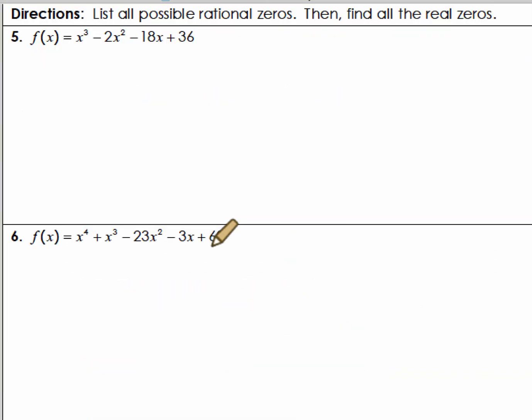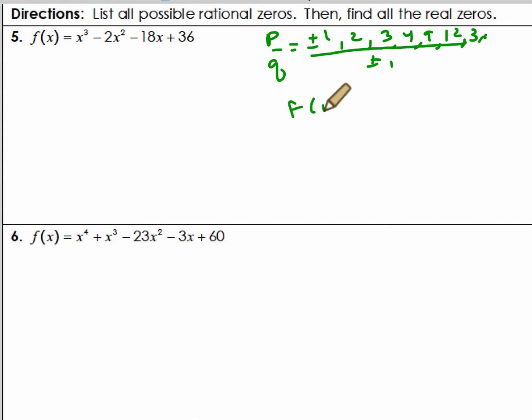Remember on this, I'm trying to avoid factoring. I know I might be able to factor some of these. Okay, so first my P's and Q's. I'm going to test 1. So if I test 1, my question is, does it come out to be a 0? If I test 1, I get 1 cubed minus 2, which is negative 1.